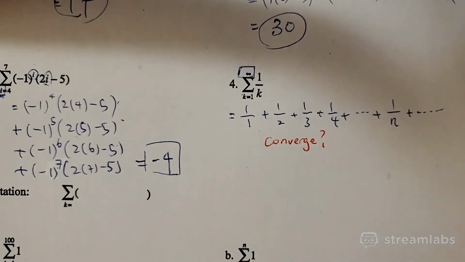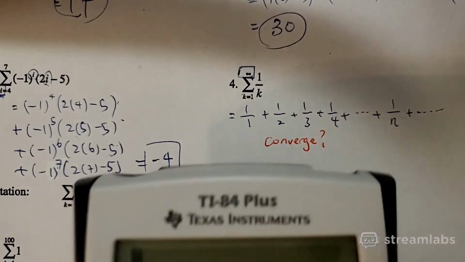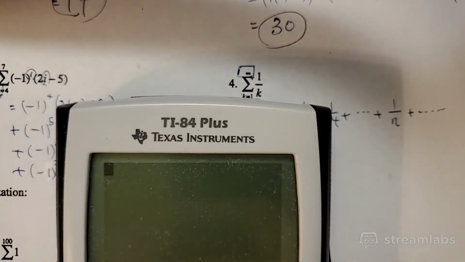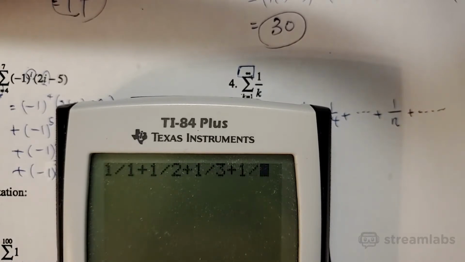Looks like we need a calculator's help. Usually, if it converges, then the more you add, the closer it gets to a number, right? So we use a calculator: 1 over 1 plus 1 over 2 plus 1 over 3 plus 1 over 4. Okay, I did 4 terms. It's 2.08.